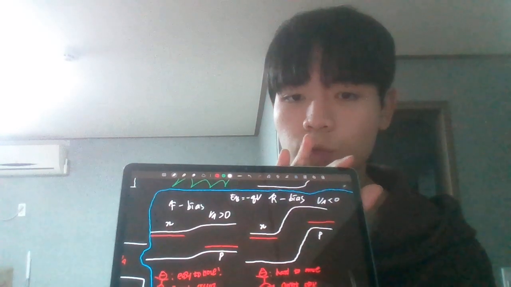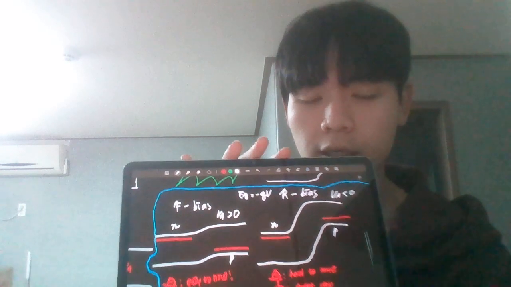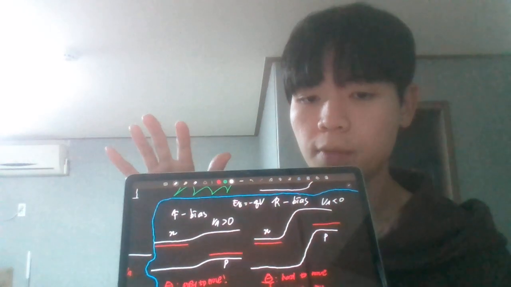It is very important when we calculate the formulas later. For the forward bias, where the voltage is plus, the energy band gets lower, making it easier for the electrons to move to the other side, which eventually makes the current flow more efficiently.